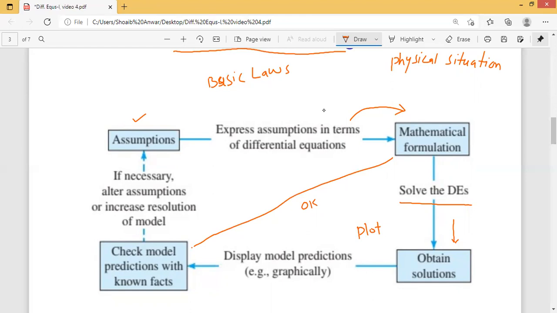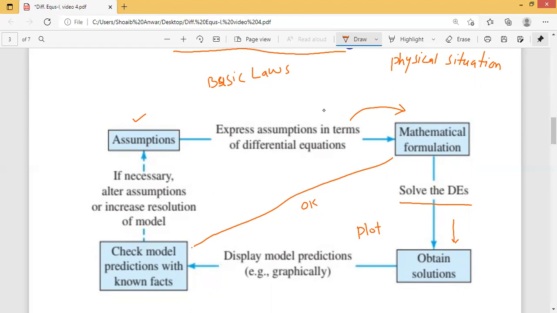Then we change our assumptions and repeat the same procedure. We express the assumptions in terms of mathematical formulation, we solve the differential equations, and after the solution, we plot the solutions.